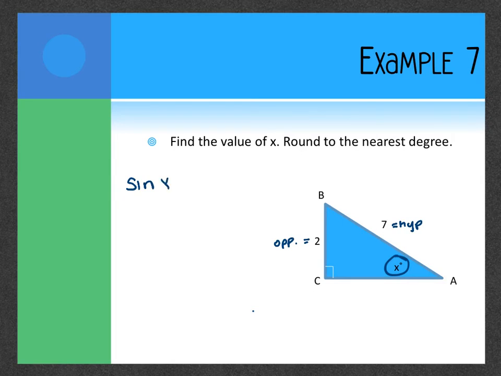Sine of x equals opposite, which is 2, over hypotenuse, which is 7. And I'm going to do sine -1, 2 divided by 7. And then you get 16.6. If I round that to the nearest degree, that would be what? 17 degrees.